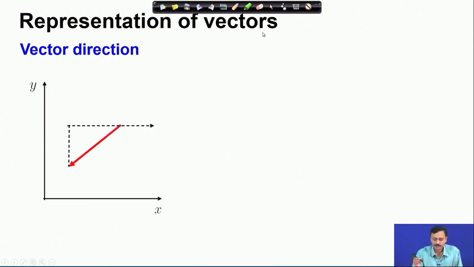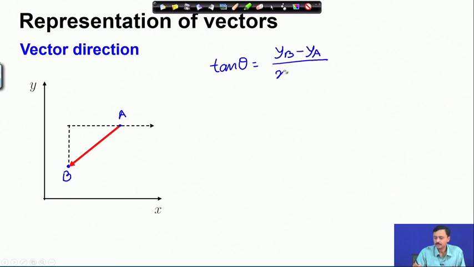There can be further cases like this. So, this is A, this is B. So, in this case tangent theta is again y b minus y a divided by x b minus x a.